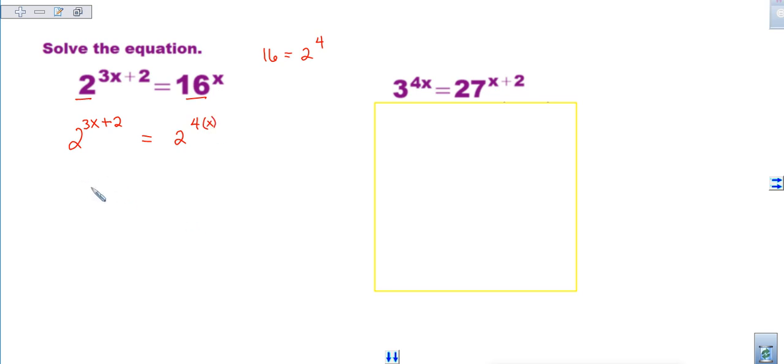Okay? And then we just eliminate the bases. And you get this, and then you get x equals 2. So hopefully, if you pause the video, you're catching up now, and you should see how to do this.